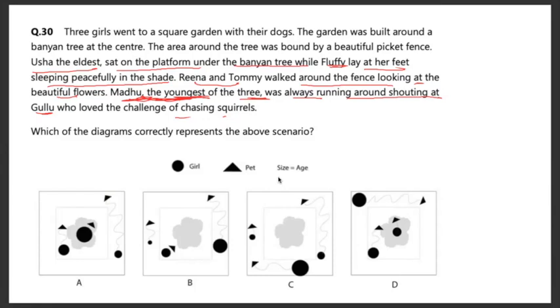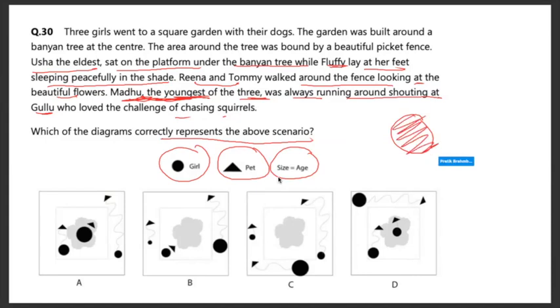Which diagram correctly represents the above scenario? Circle is the girl, triangle is the pet, and size represents their age, which means the bigger the size, the older the sister; the smaller the size, the younger the sister. What is given is that Usha, the eldest, is sitting under the banyan tree.